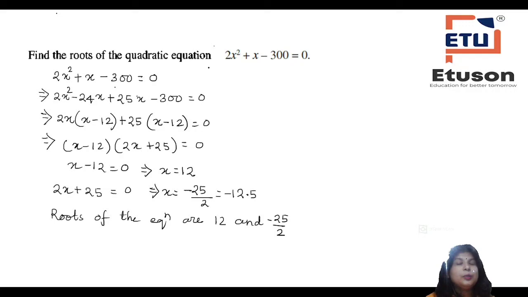Okay, so if it is a number, you can take minus 25 by 2. But if x is considered to be a number which cannot be negative, like length or distance, in that case you cannot consider this negative value of the root.